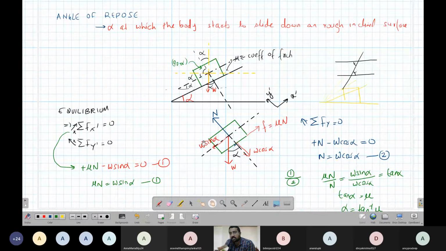Angle of friction is tan inverse of mu. Angle of repose is that angle of the plane at which a body starts sliding under its own weight.